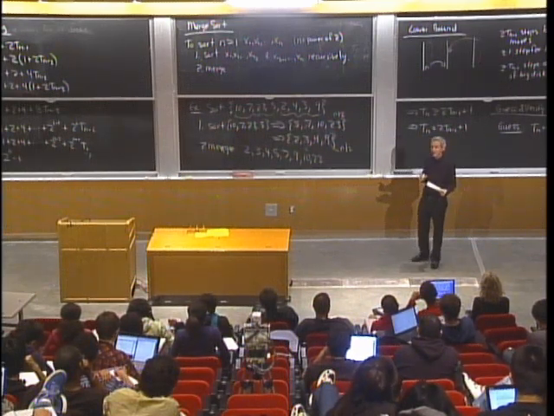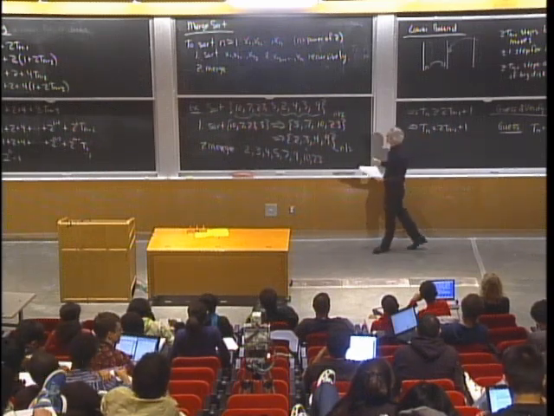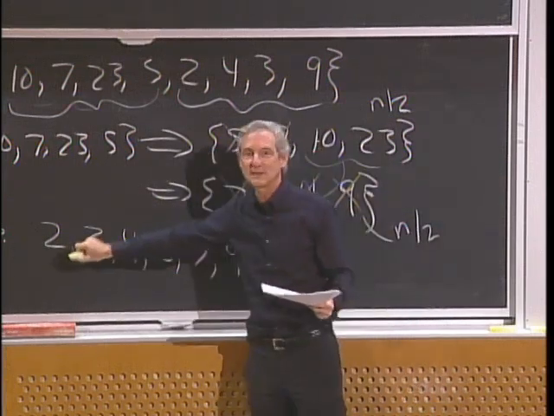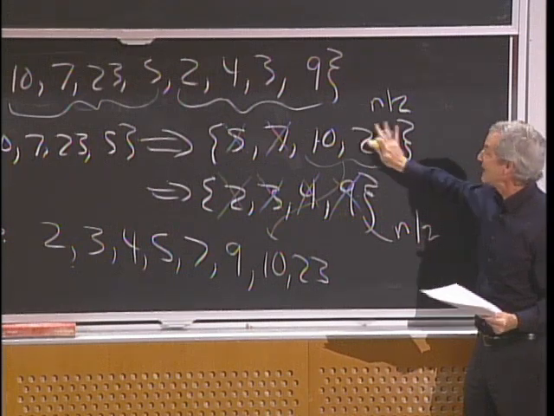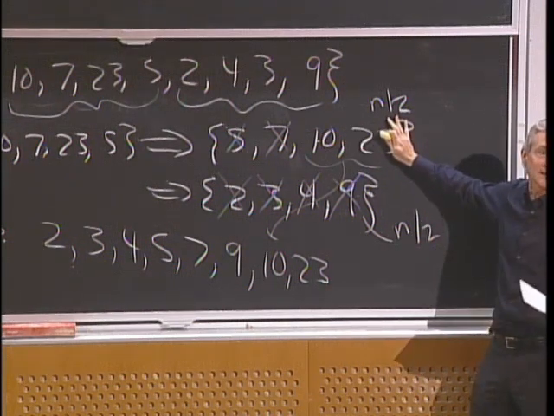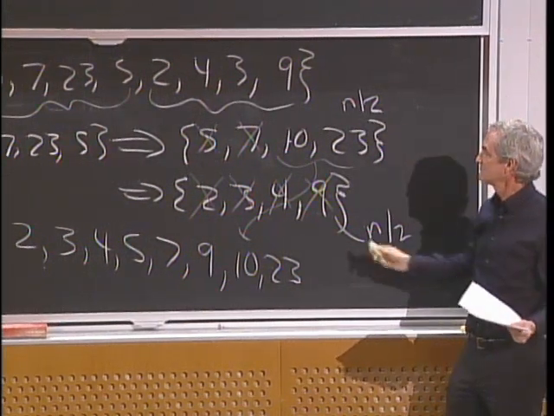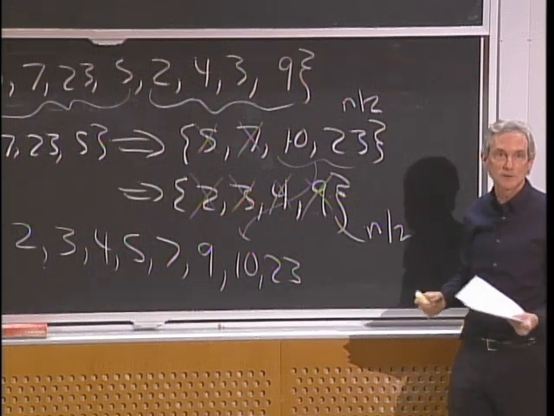N, very close. N minus 1 is right, because every time I do a comparison, I pull an item and stick it in the list. But once I get down to the very last item, just one guy sitting there, I don't have to do a comparison. It's just the last guy. I know he's the largest. So it could go up to n minus 1 in the worst case.